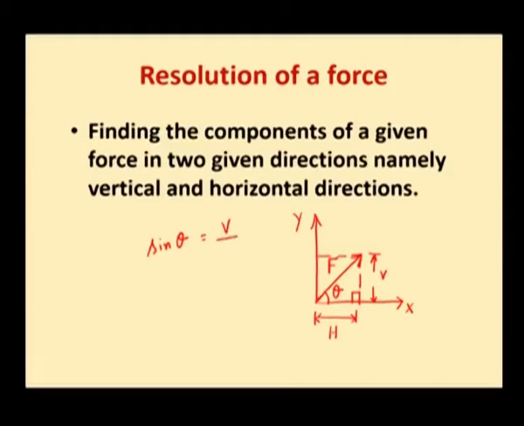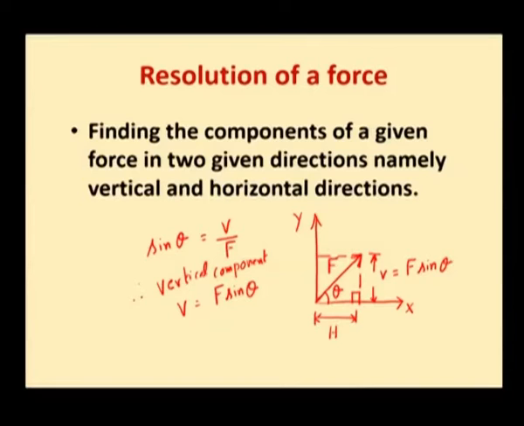So, V divided by hypotenuse F. Therefore, the vertical component V will be given by F sin theta. So, V will be equal to F sin theta.